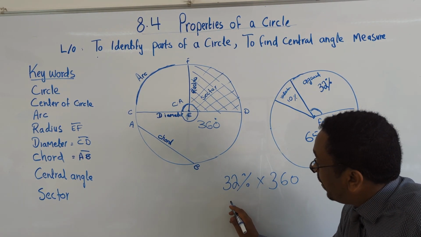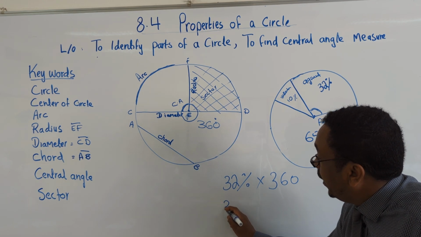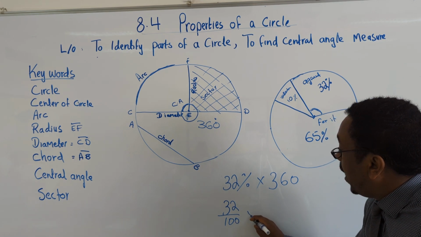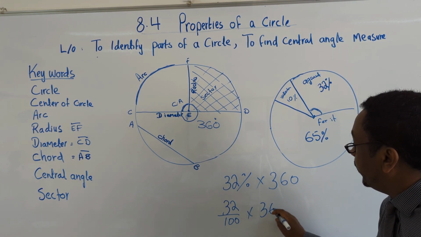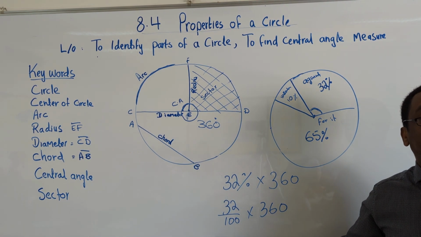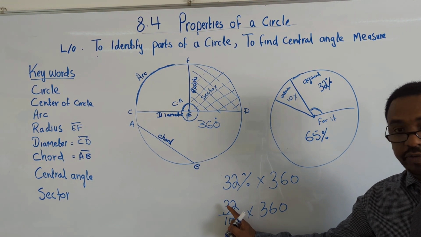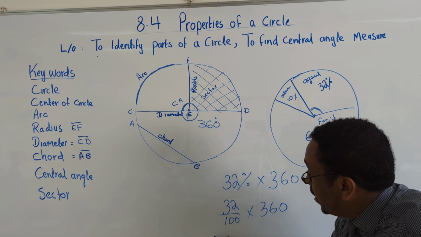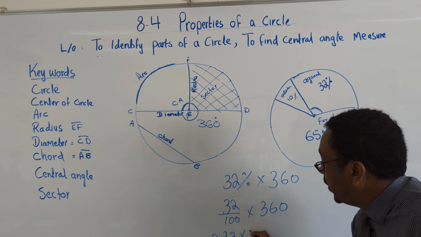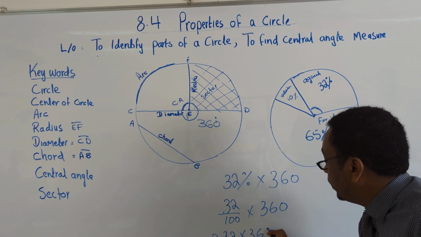So if I divide this by 100, this becomes 32 divided by 100 times 360. Any number divided by 100, you move the decimal twice. So this number becomes 0.32 times 360.